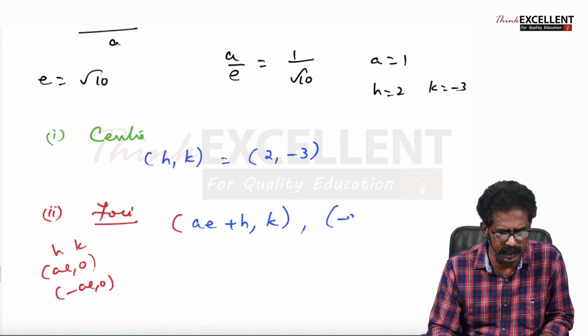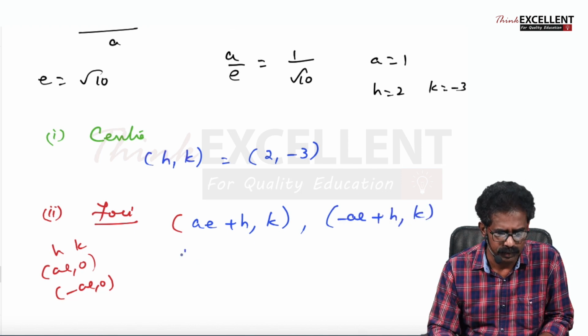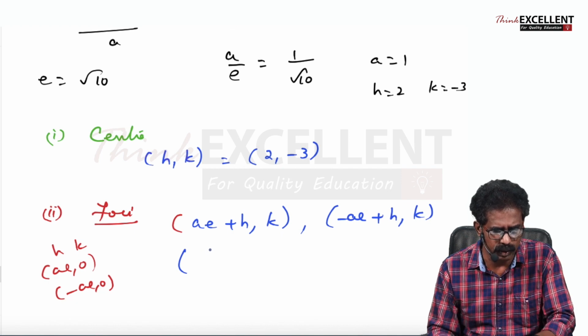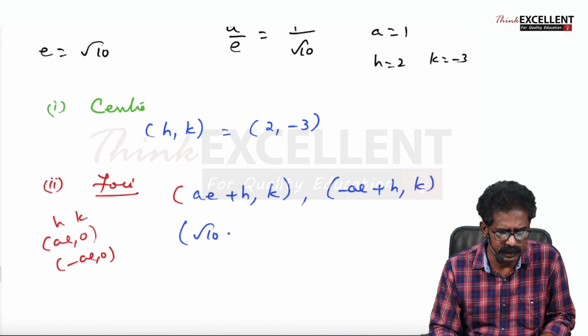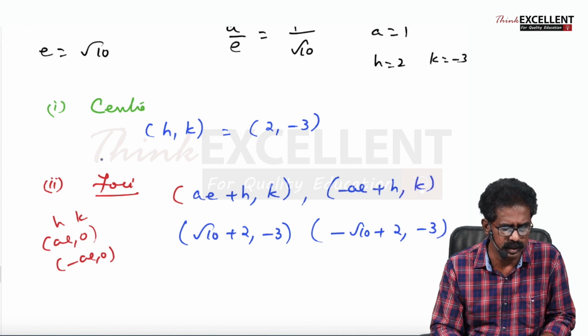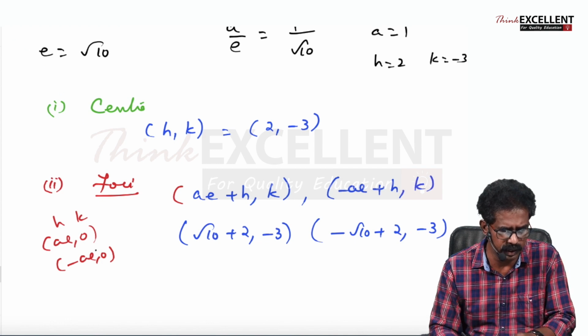Another focus is minus AE plus H comma K. So you can remember easily, right? So the AE value is root 10, so root 10 plus H value 2 comma K value minus 3. And the second one is minus AE: minus root 10 plus 2 comma minus 3. So this is foci. And the next one, what do you need?